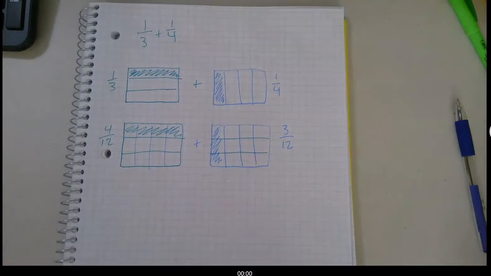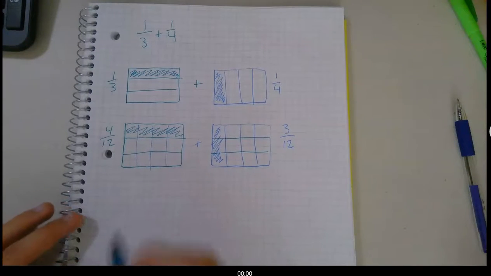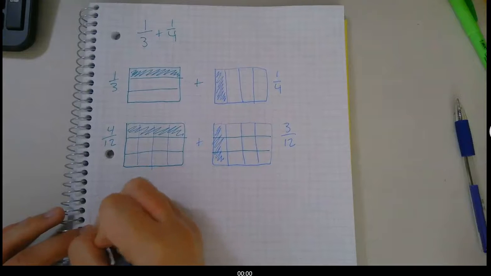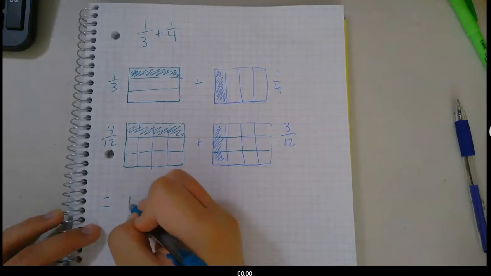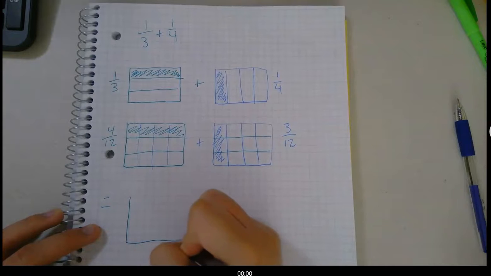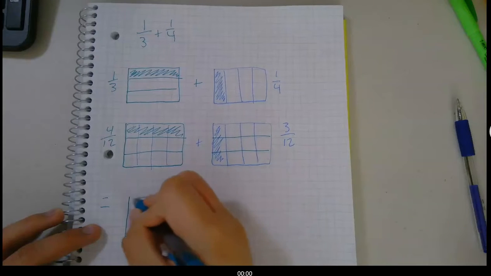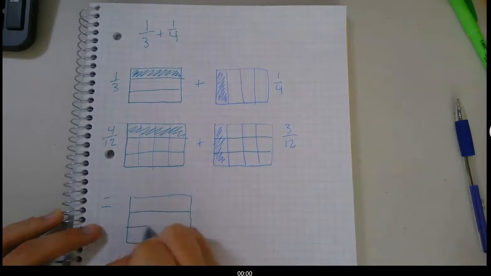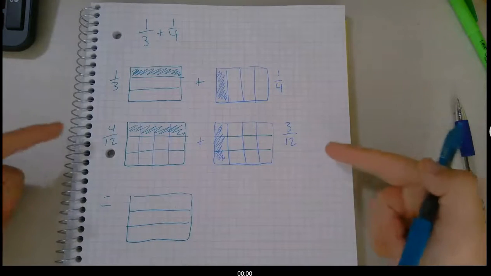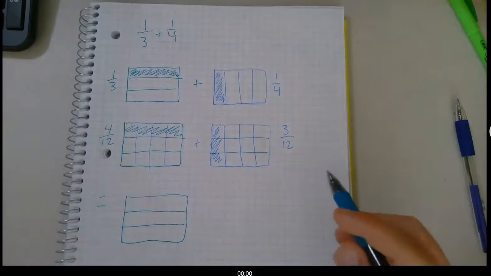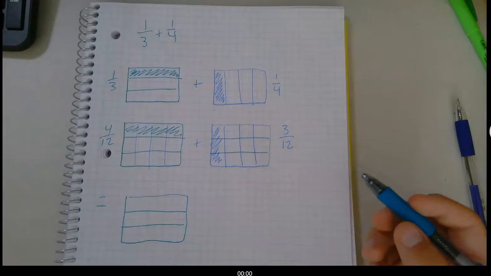Now we're going to create one last rectangle to see what it is equal to. So we're going to draw the thirds first. 1, 2, 3, and we're not going to shade it in yet because now we're going to have a different numerator.